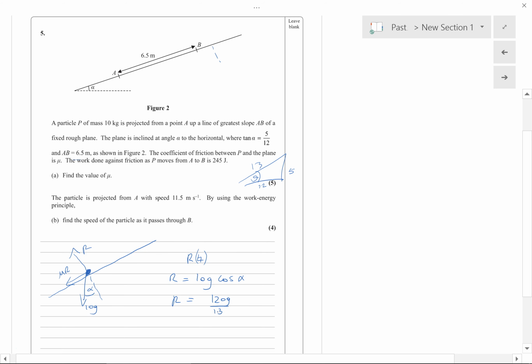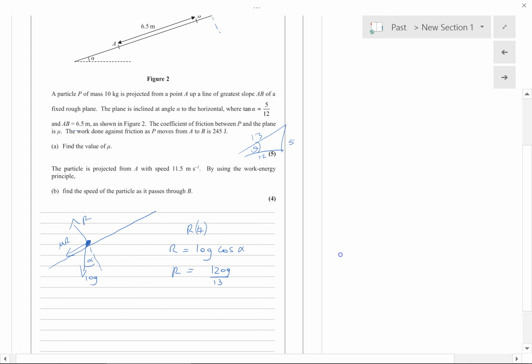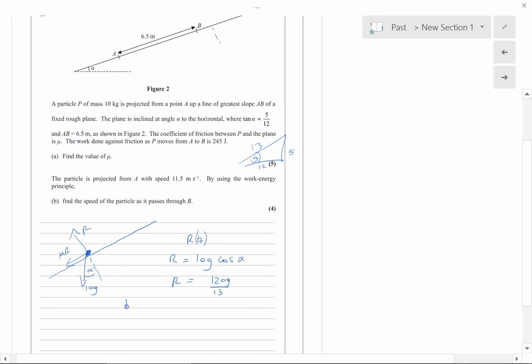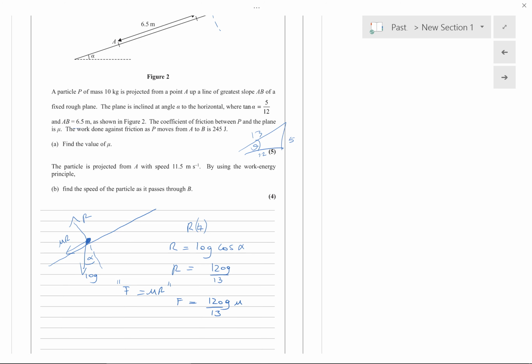Okay, then the next part, so that's R, so that gives us mu, F is equal to mu R. So that means that F is equal to 120g/13 mu. Okay, so we've got the frictional force in terms of mu.